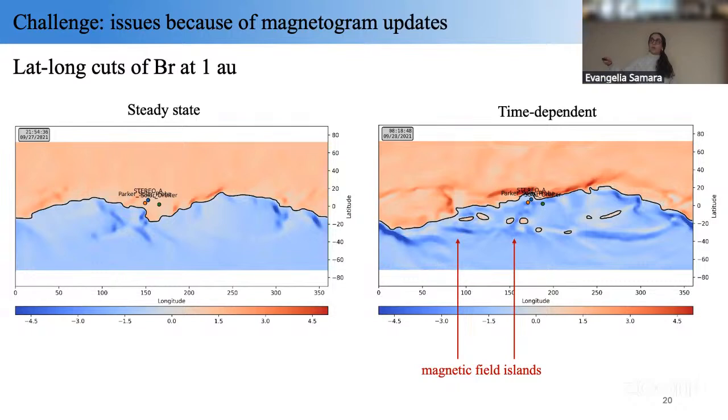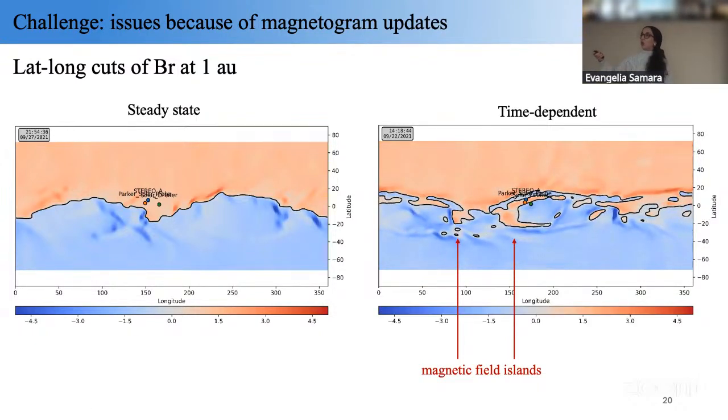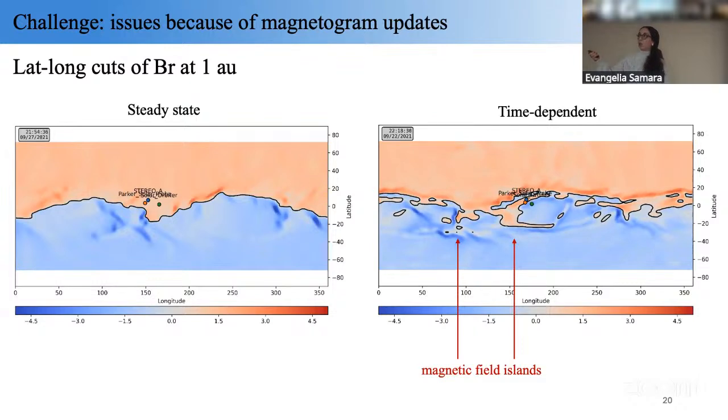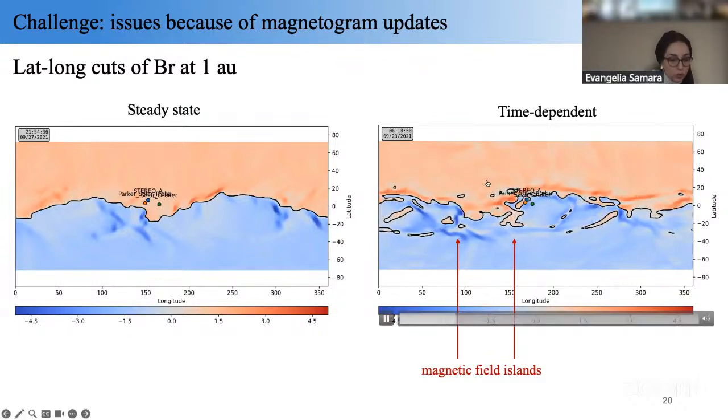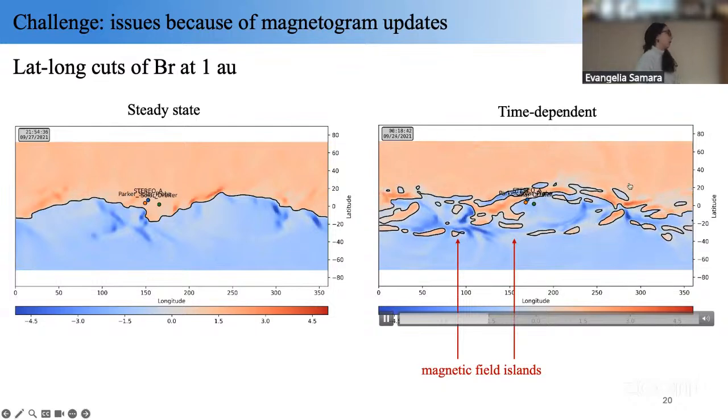It's quite far away from this kind of islands. So some of these islands, like those that are far away from the heliospheric current sheet, can be physically explained, and we want them to be there because they make sense. However, at the beginning of the movie, some other islands very close to the heliospheric current sheet, like here or here, and let me show them also for people online, very close to the heliospheric current sheet, could be artifacts.